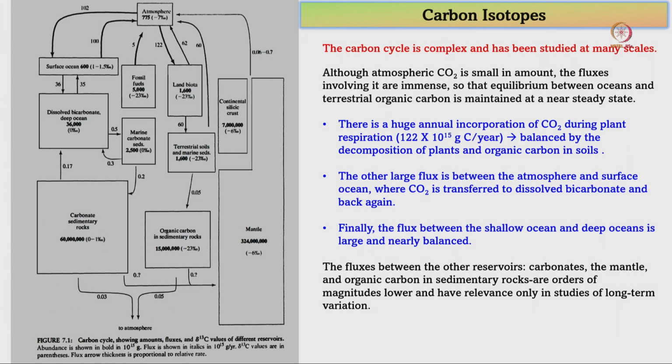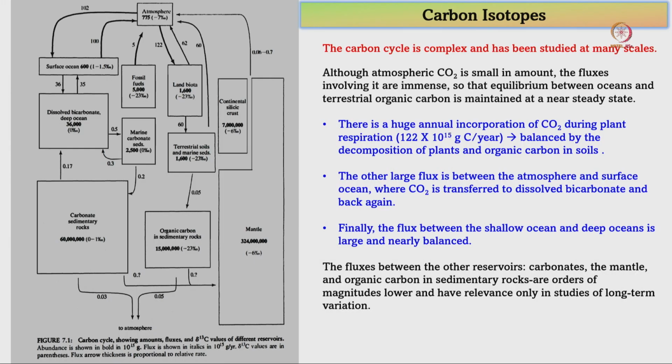So, how a particular element, as you can see in this figure, moves from atmosphere to the surface ocean to the deep ocean, okay, and from the deep ocean where can it go? It can either get precipitated out, it can form the sedimentary rocks, or it can get subducted and move inside the mantle.